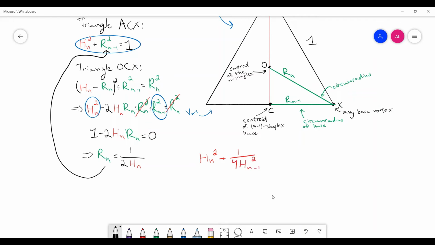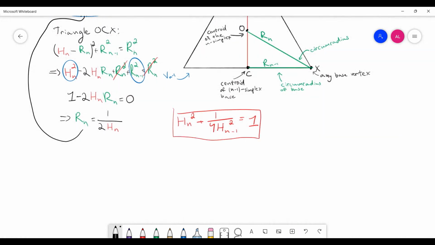So then when we expand the square, the 1 over 2 turns into 1 over 4, and then we add Hn minus 1 squared. And then this is equal to 1. So this is just rewriting the top blue expression with this thing substituted in. And so now we have this beautiful recursive formula that we can use for Hn.